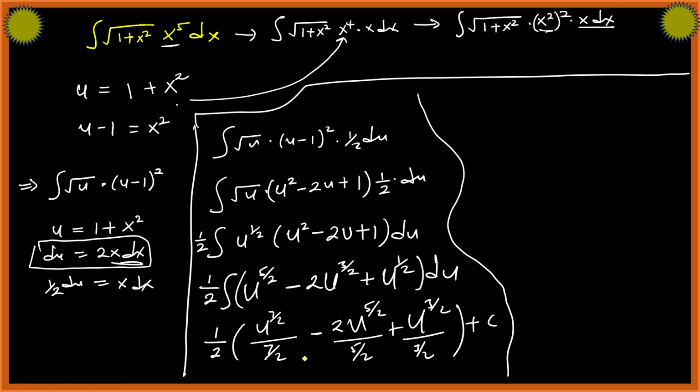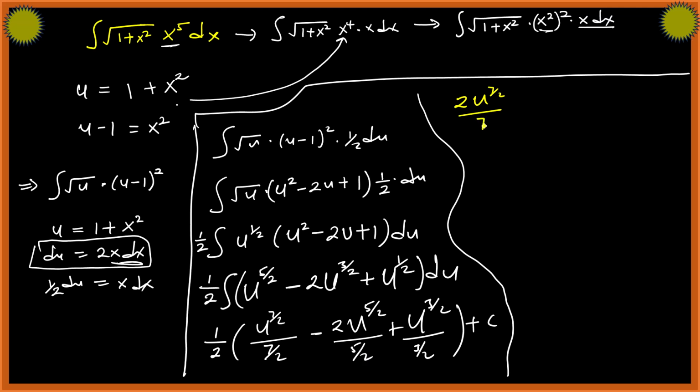So let's reduce this one. This can be written as, so these two will multiply the numerator, so it will be 2u raised to 7 on 2 all over 7.